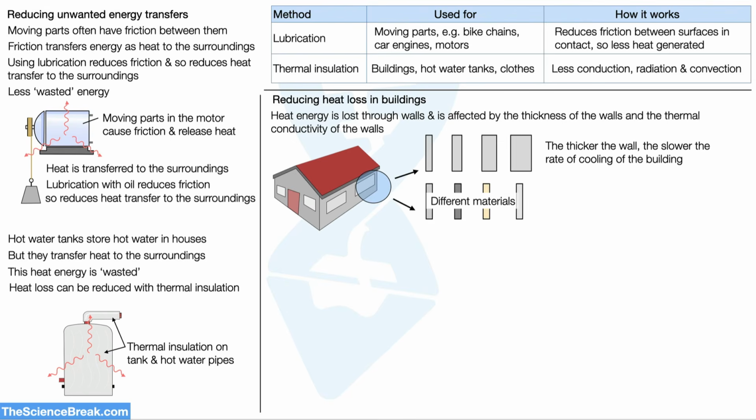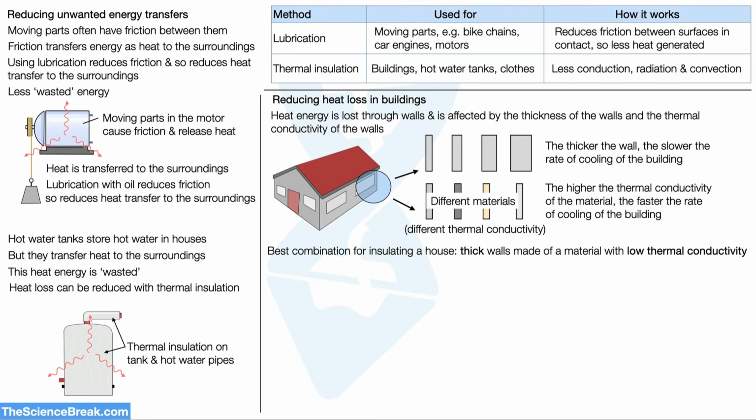We also have the idea that if we have different materials with different thermal conductivity, the higher the thermal conductivity of the material, the faster the rate of cooling of a building. The best combination for insulating a house or a building is to have thick walls made of a material with low thermal conductivity.